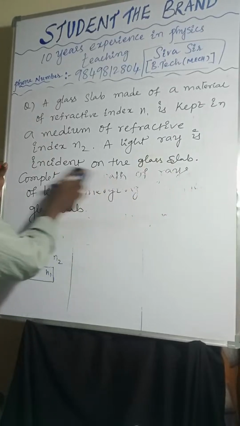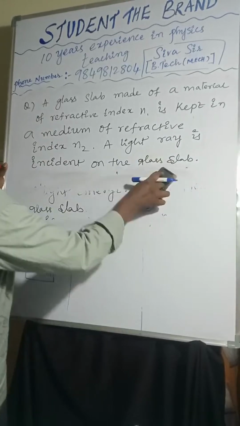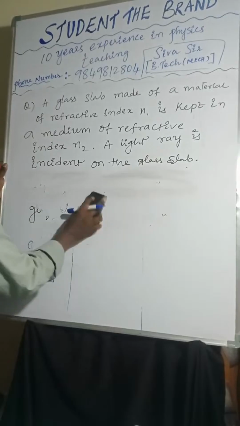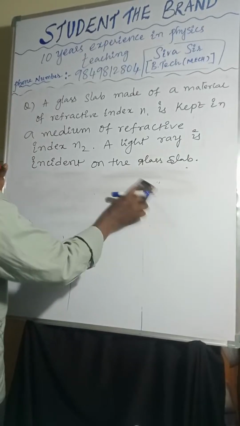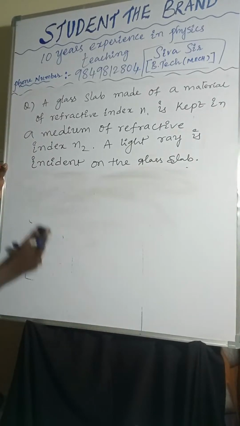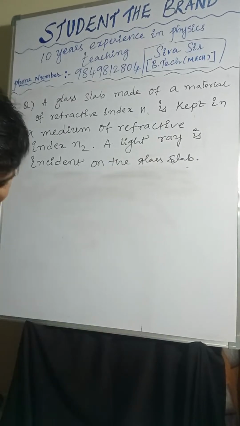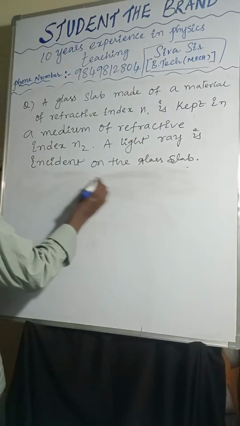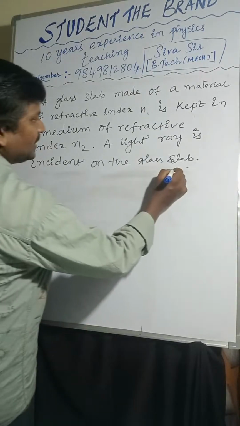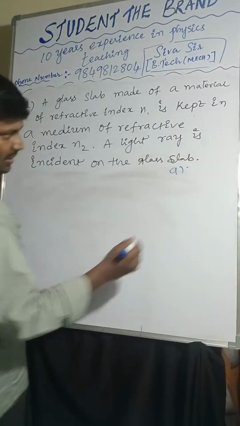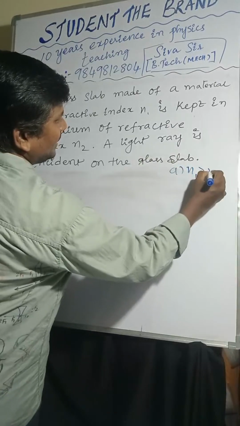So this also I'm erasing. Anyway, we have to draw the diagrams. Now the conditions we'll discuss. The first condition is N1 greater than N2.